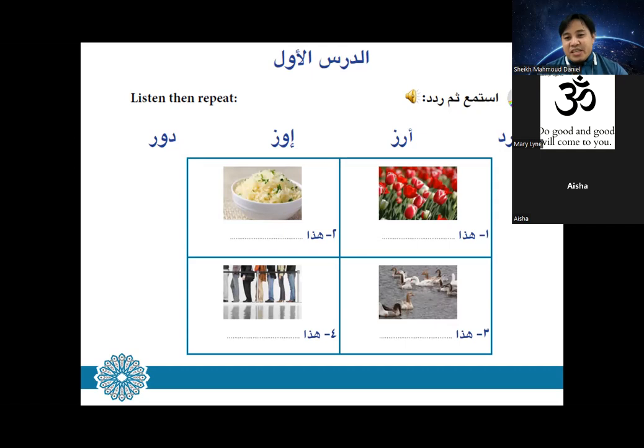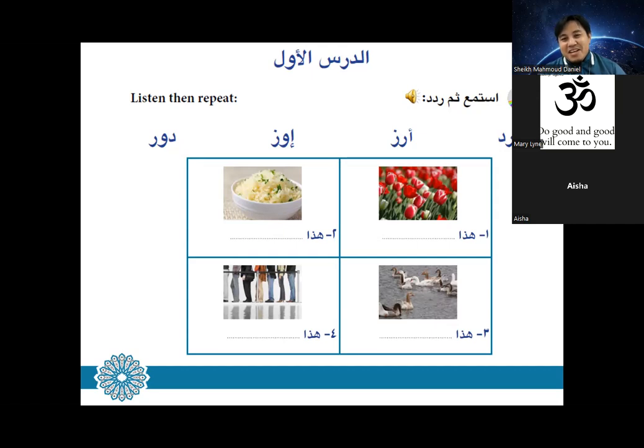Anyway, the verb used in this lesson by default is for masculine. When I say istami' anta, you, masculine, singular, second person, anta. When I say raddid, also anta, you repeat. Like for example, I will say istami' anta ya Taslim.